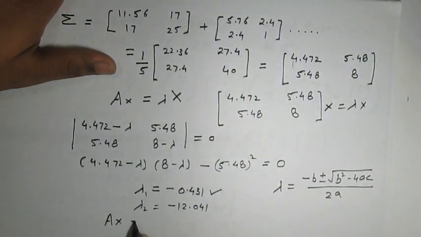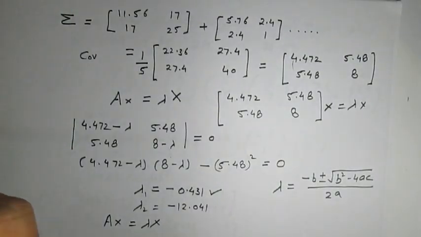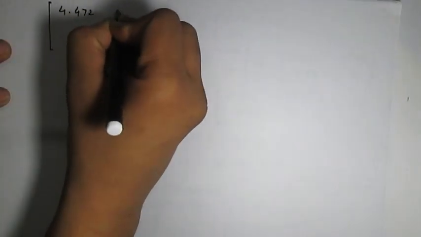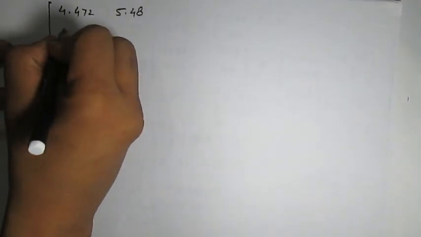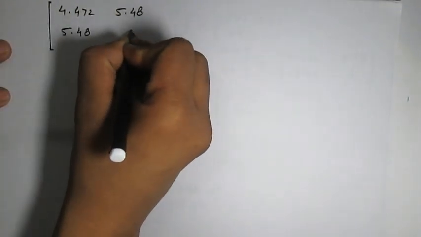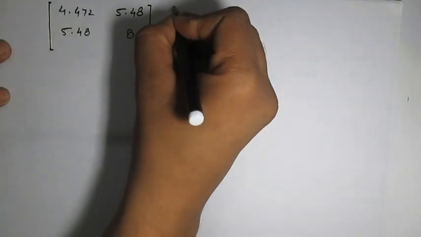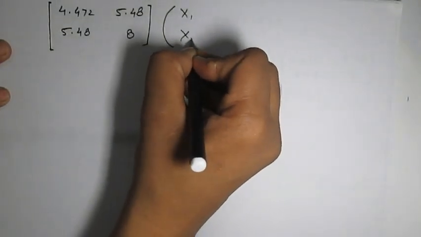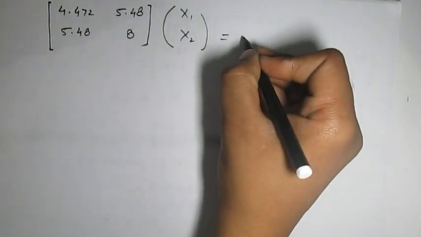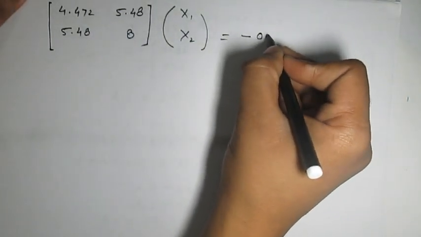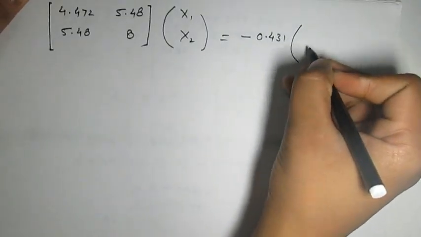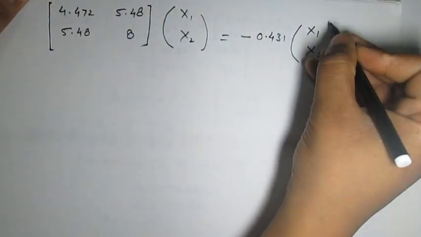Ax equal to lambda x. Using the covariance matrix 4.472, 5.48, 5.48, 8, times x1, x2 equal to, taking lambda 1 as minus 0.431, times x1, x2.